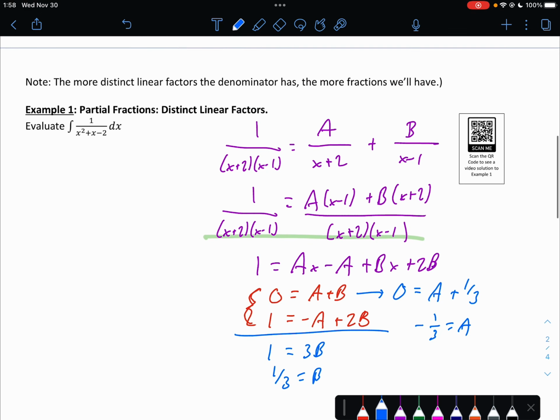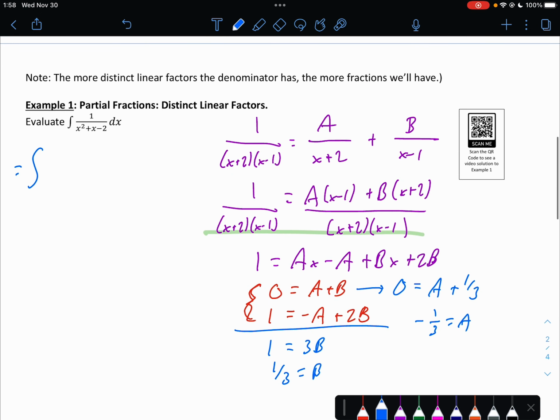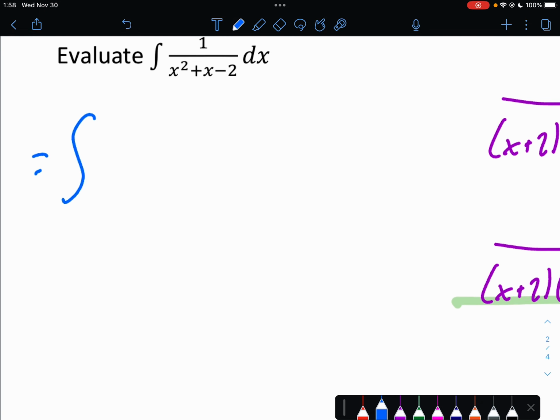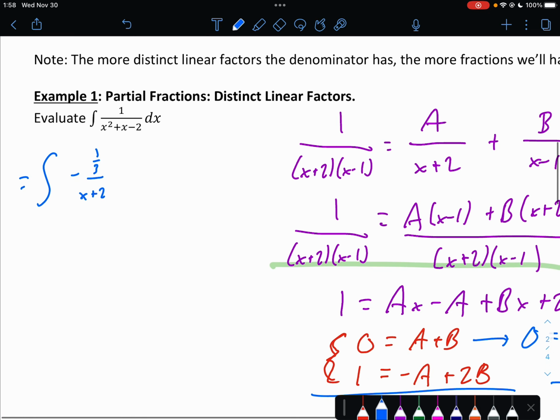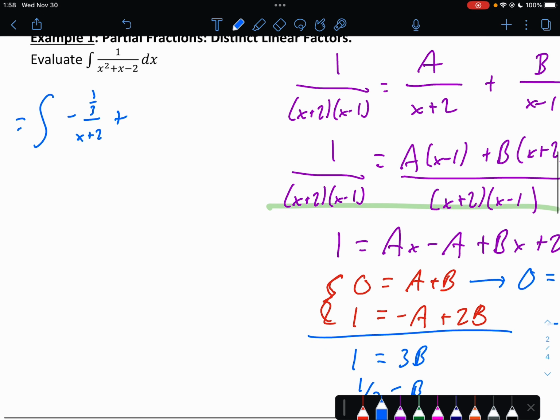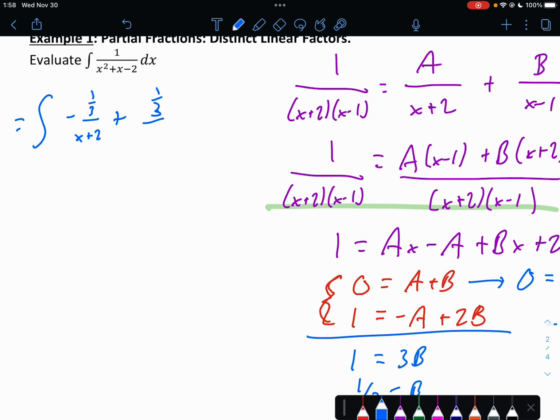So now I can rewrite my integral as negative 1/3 over x plus 2 plus 1/3 over x minus 1 dx. And now we can simply integrate.